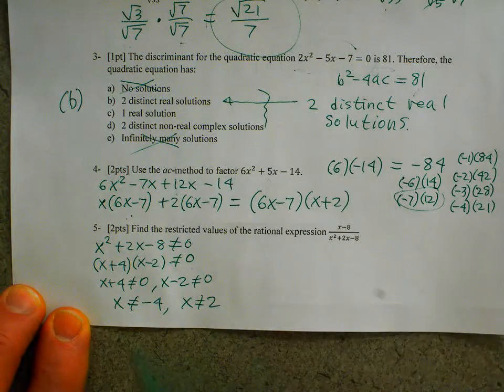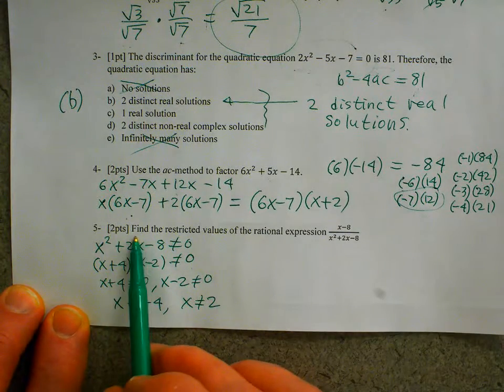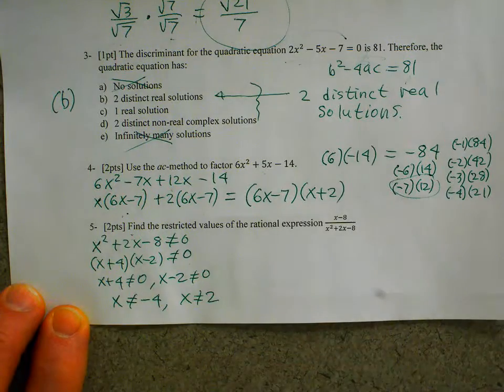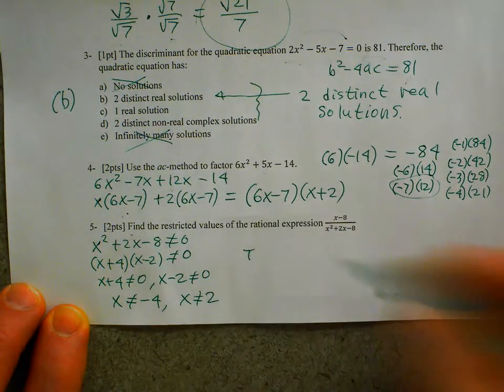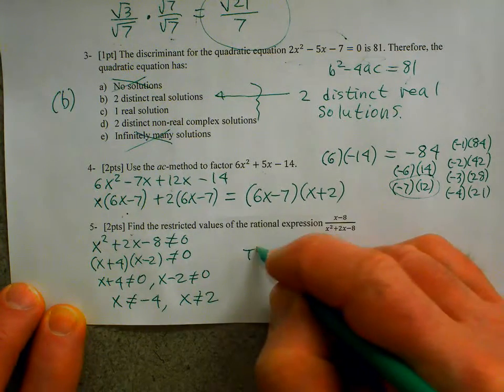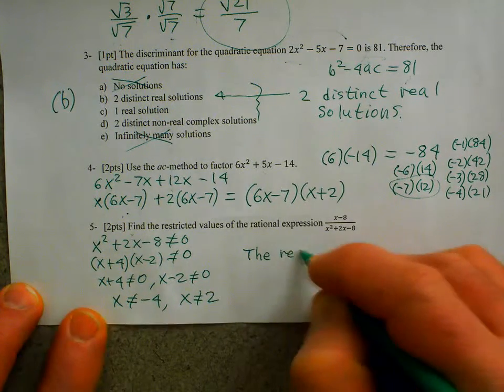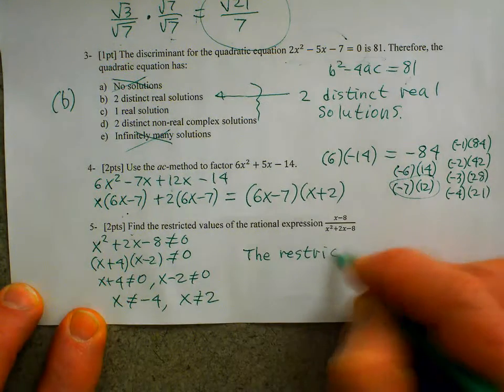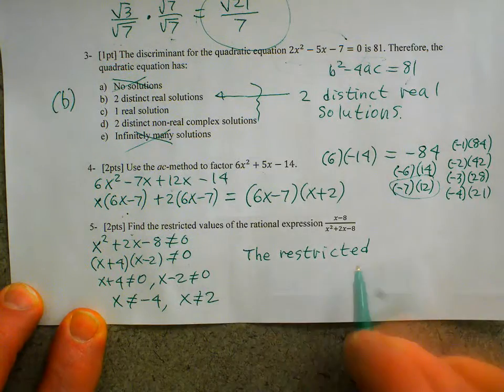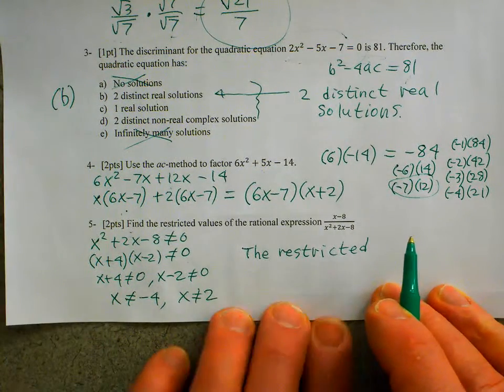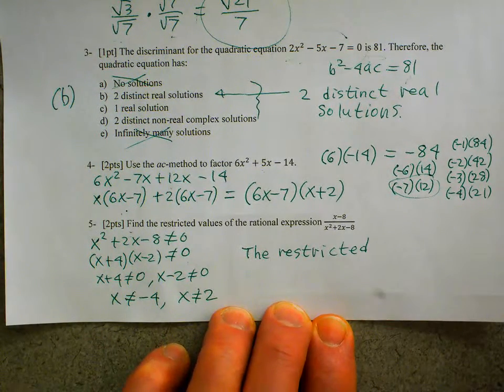Okay, but if you just answer the question directly, the restricted values are negative 4 and 2. So the term restricted implies that x cannot be negative 4 and 2.